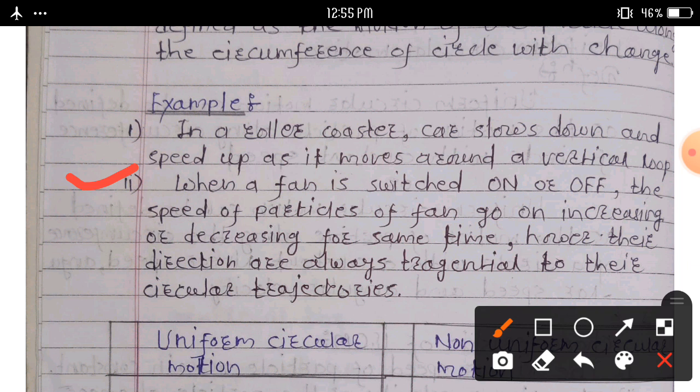In this way, we can discuss what I mean by uniform circular motion and non-uniform circular motion. Some questions are asked on these topics. First, distinguish between uniform circular motion and non-uniform circular motion.